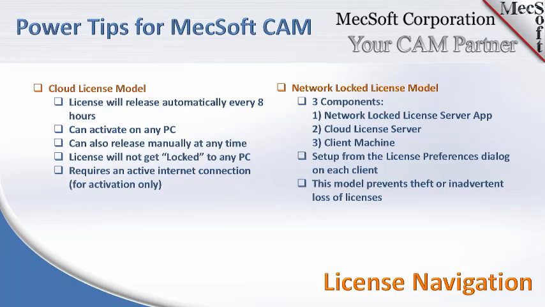So let's say you're using the license in your company, and then you come home, but you forgot to log out of Rhino or Visual CAM. Then after 8 hours, it automatically gets released back to the cloud. And so you can actually acquire that license from anywhere, any other computer that you have access to.